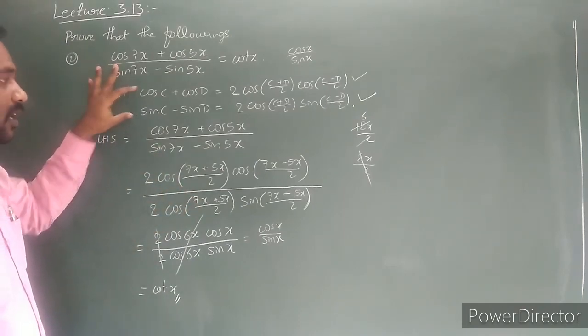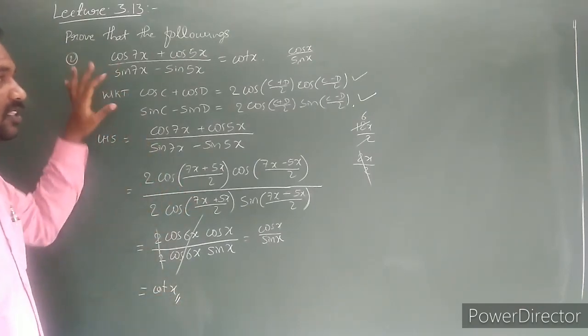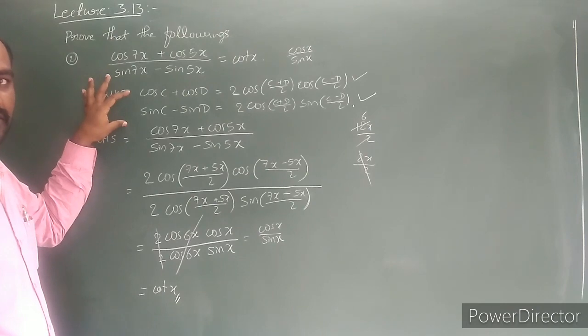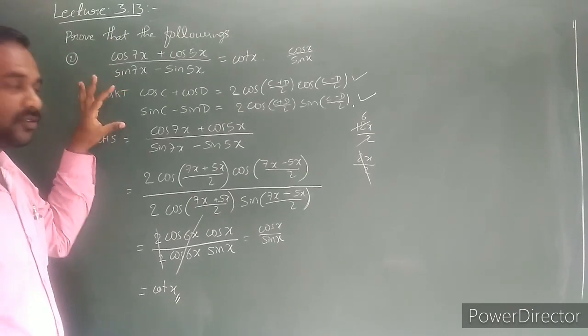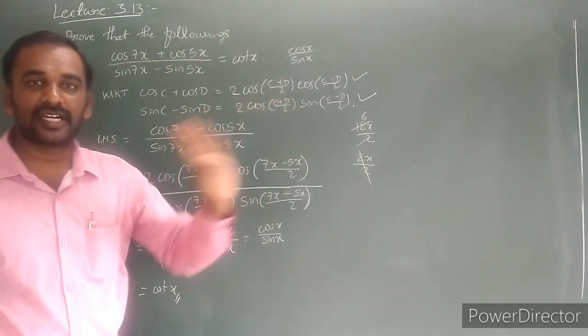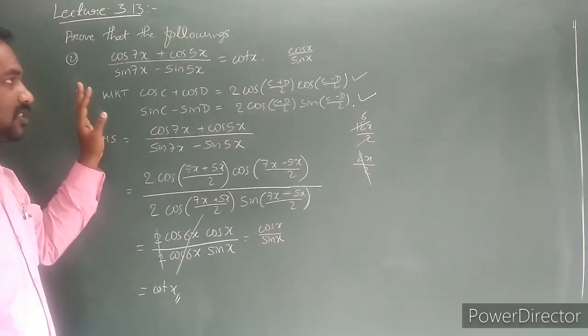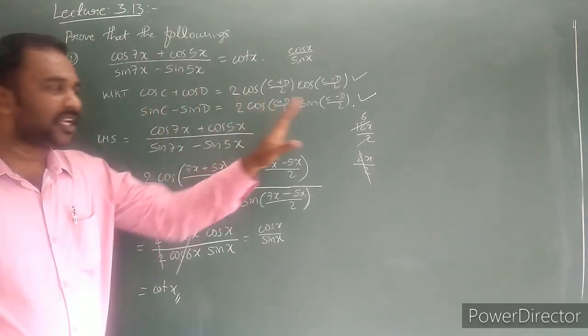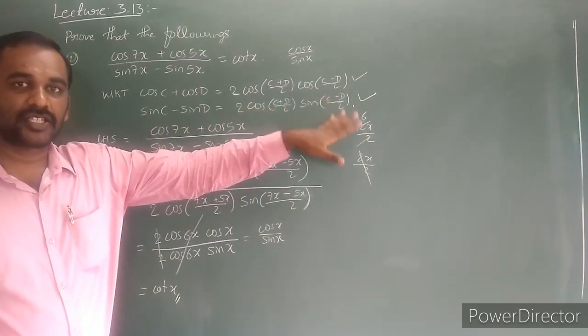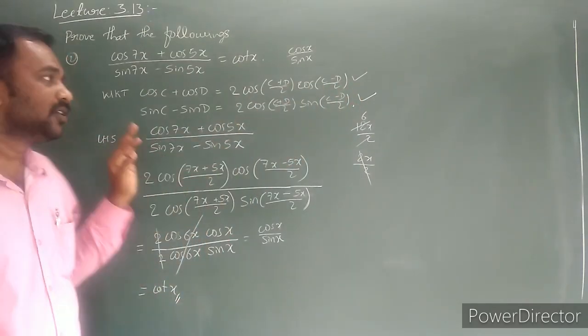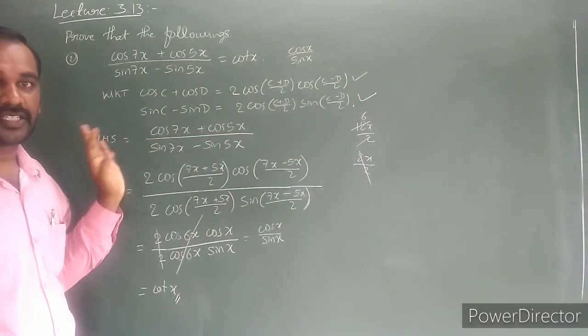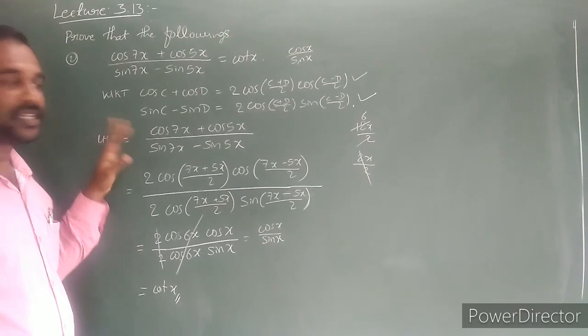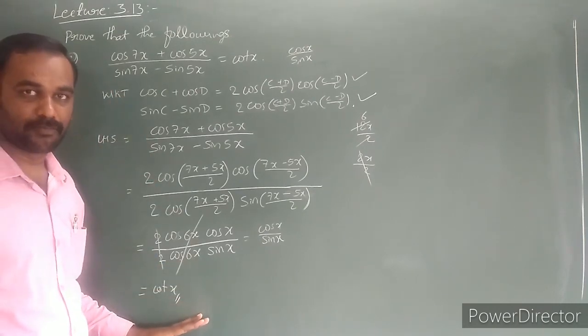So if you write the formula, even if there is a problem, you will get 1 or 2 marks for the formula. You may not get the full marks, but for the formula you will get 1 or 2 marks. There is a particular marks distribution for the formula, so it is better to write the formula each and every time. That is very easy for simplifying the problem.